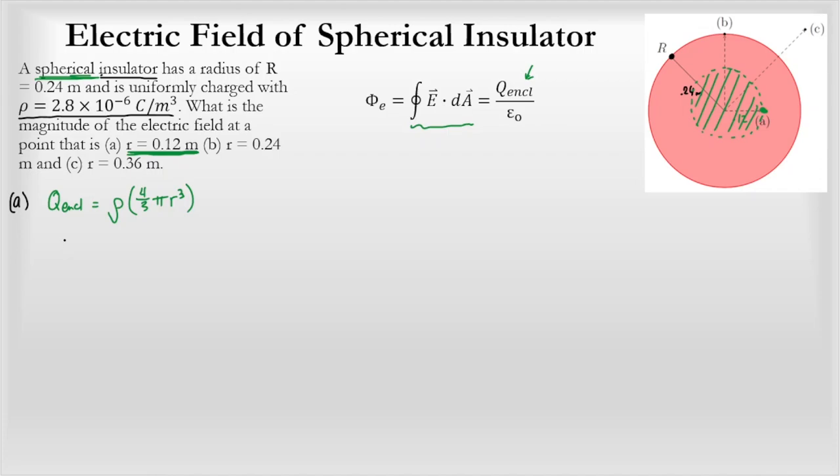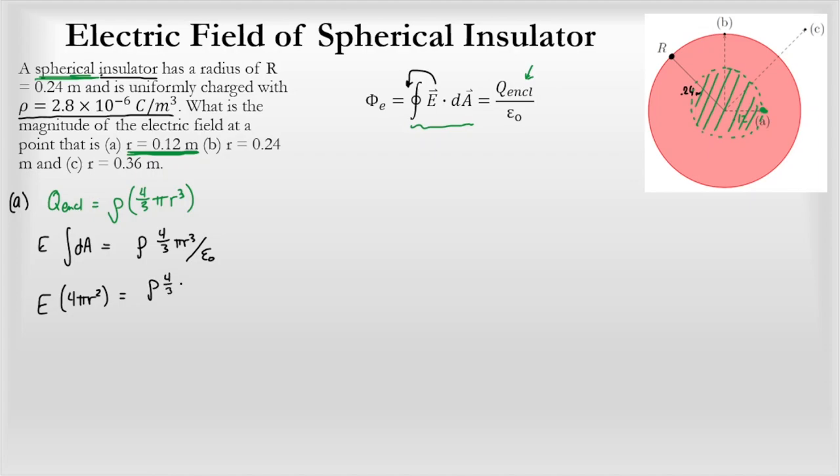Okay. So let's set up our integral and evaluate it. E is a constant value. I'm going to bring it outside the integral. E, the integral dA, equals rho 4/3 pi r cubed. We're going to note that the integral dA, again, because we have spherical symmetry, is 4 pi r squared. Let me not forget my epsilon naught term.